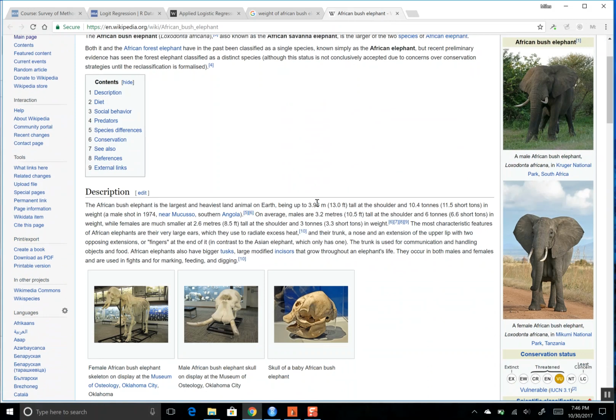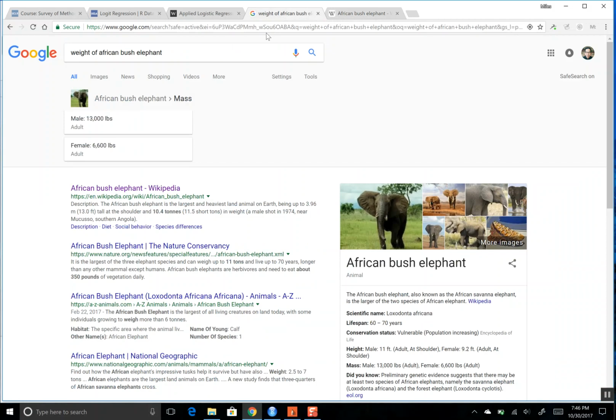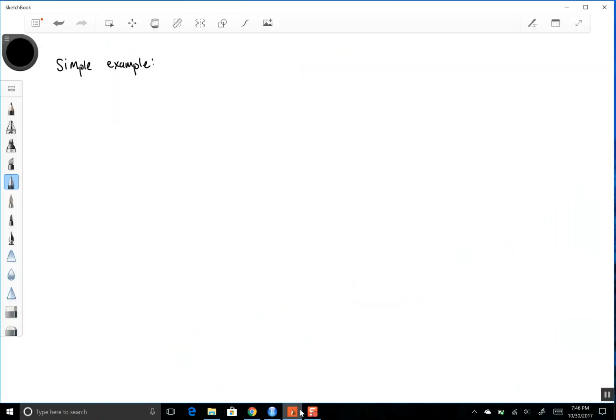And they don't have, okay, no standard deviations. I'm going to make up standard deviations here. Okay. So for the African bush elephant, this is the largest land mammal.